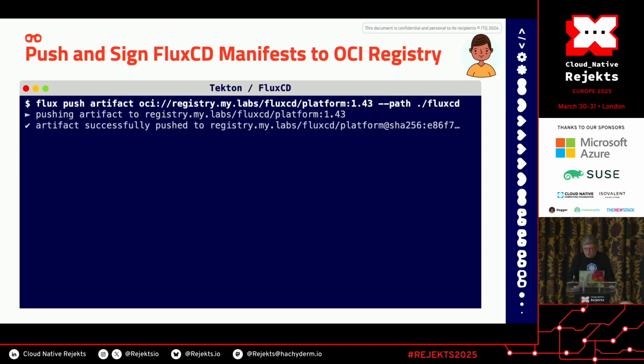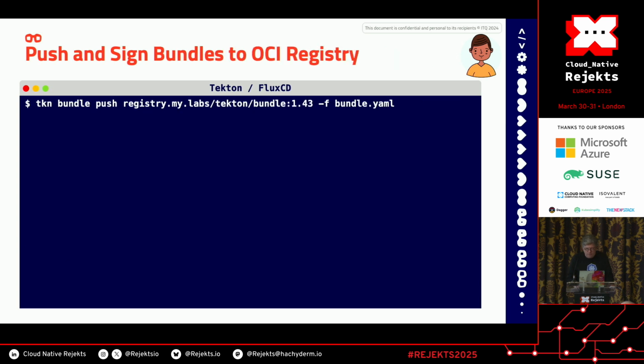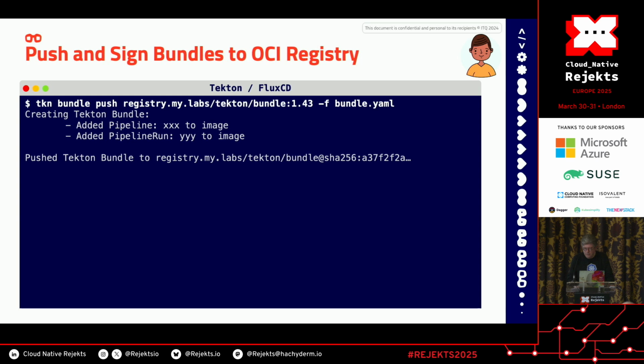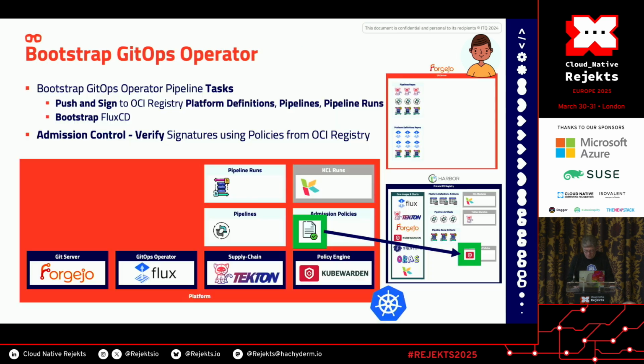Then you get a digest of this content, and as with every artifact you push on the OCI registry, you can sign it with cosign and verify the signature with cosign tree. Then for the bundle from Tekton, you can use tkn bundle push using a repository as well, pointing to the bundle that contains all the definitions you want to have in this bundle. And as usual, you get a digest and sign it as every artifact on the OCI registry.